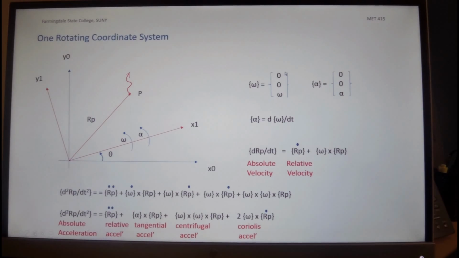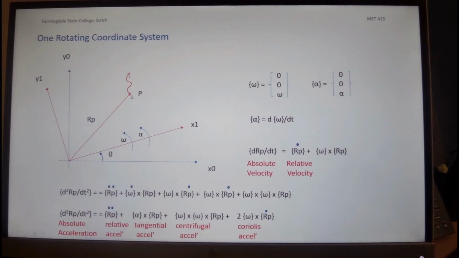Omega is defined as a vector that has only component in the z direction, and alpha is also having component in the z direction. Alpha is the derivative of omega.